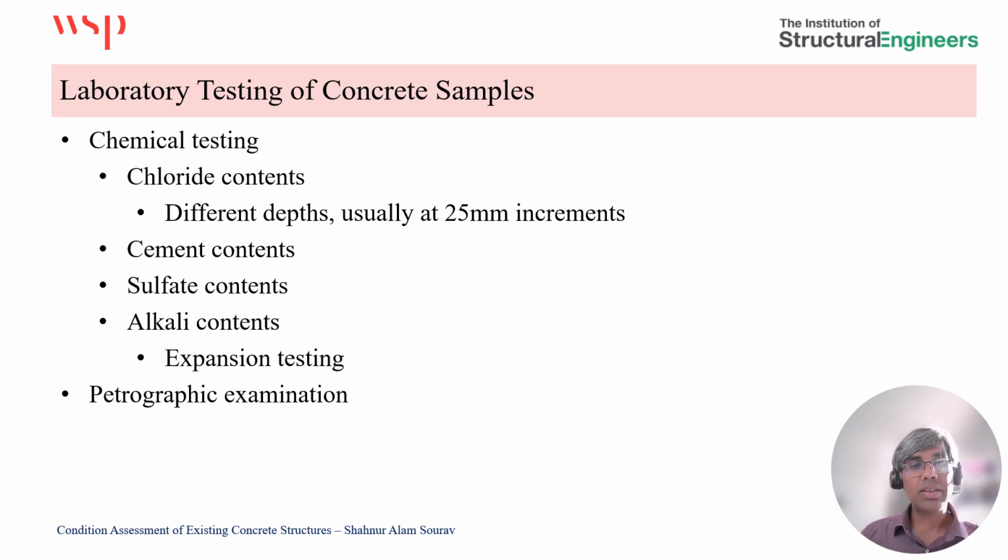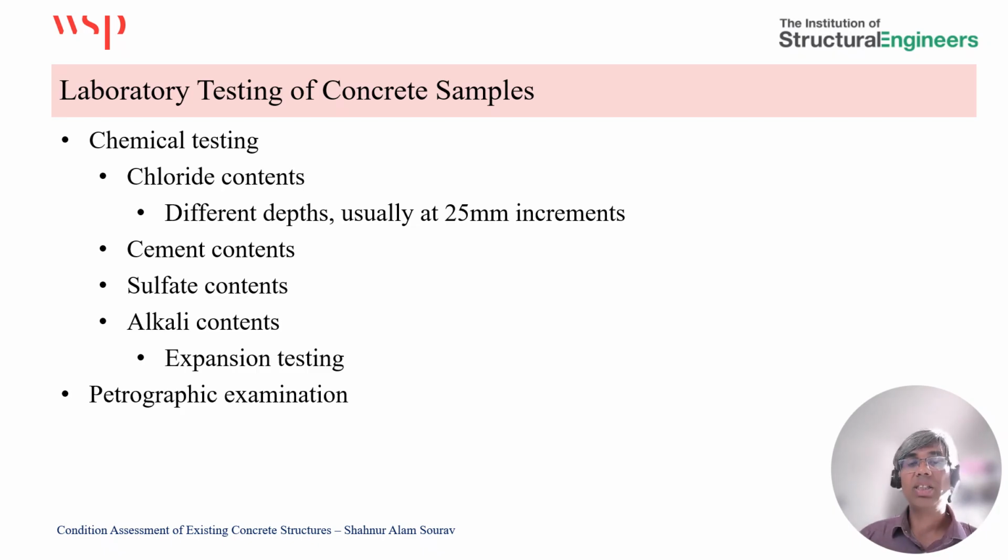We do cement content tests, sulfate content, alkali content, or we also do petrographic examination. The petrographic examination can provide us information about the deterioration mechanism that is happening right now within the concrete. It can tell us if there is any evidence of sulfate attack or alkali aggregate reaction that has happened within the concrete, or any other chemical deterioration that alters the microstructure of the concrete.